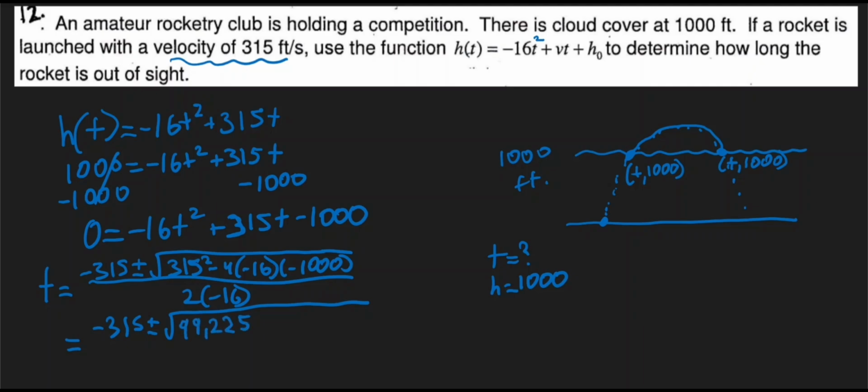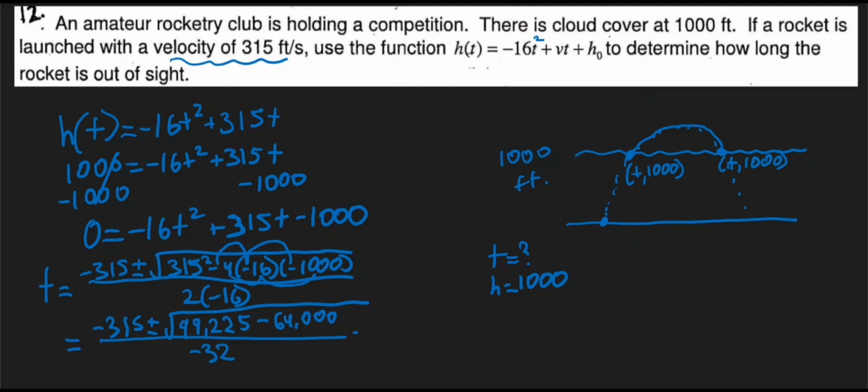And then we have a negative times a negative, which is an overall positive. And that positive times one more negative would be an overall negative. And 4 times 16 is 64. 64 times 1,000 gives you 64,000. And that entire quantity is divided by twice negative 16, which is negative 32.